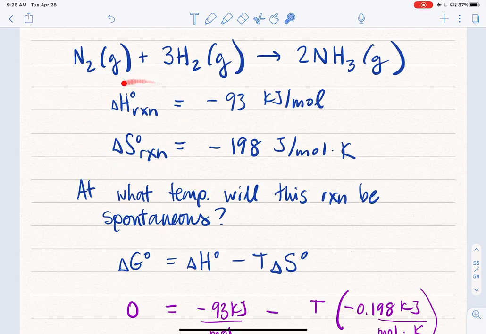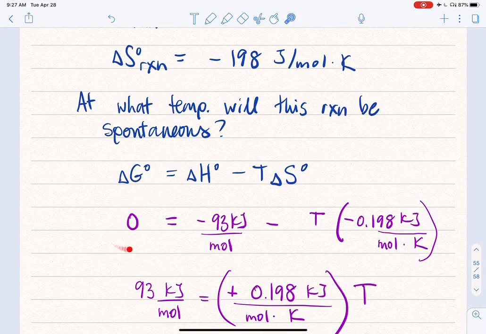So we have to take these values and plug them into the master equation. And we have to find, for delta G, the border between positive, which would be non-spontaneous, and negative, which would be spontaneous. What is the border of positive and negative? Why, it's 0, of course.